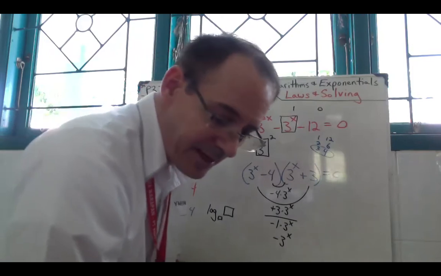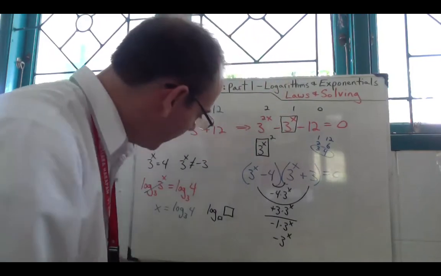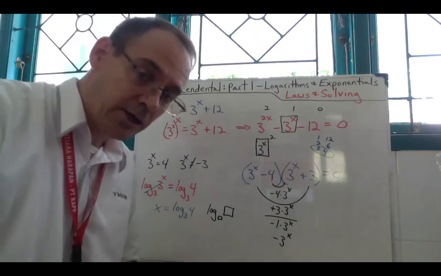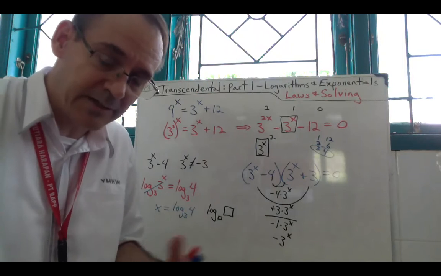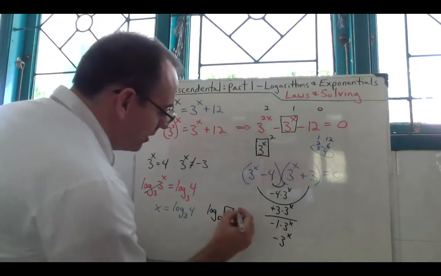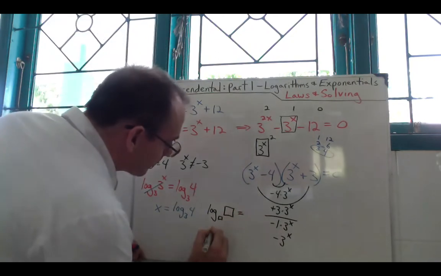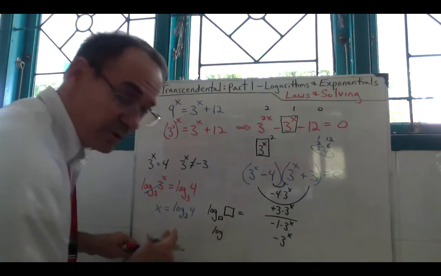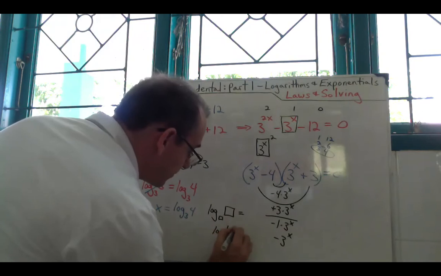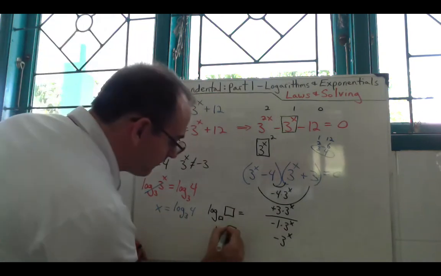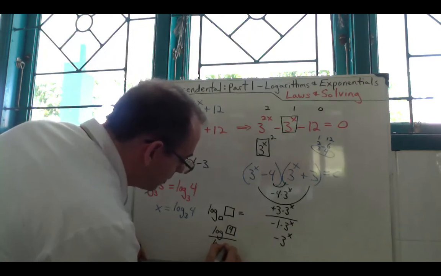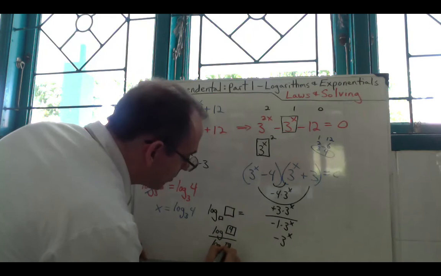If you do not have that button on your calculator, then you can do what's called the change of base. You can either use your logarithm button or the ln button. It doesn't matter, but just use one or the other. And so you can convert this into log, so this would be your base 10 on your calculator, of the big value, that is the 4, over log of the little value, which is your 3.